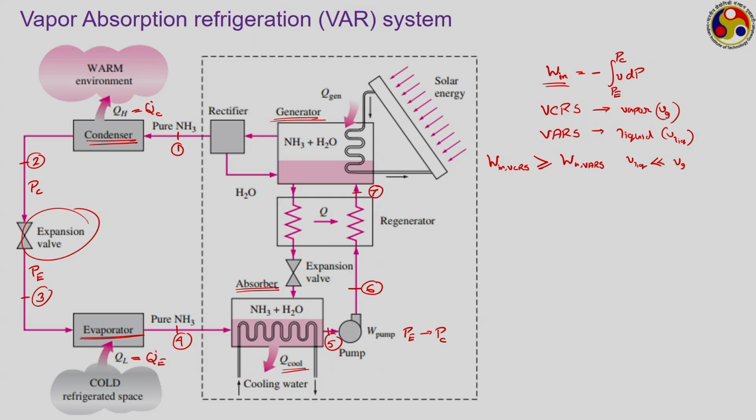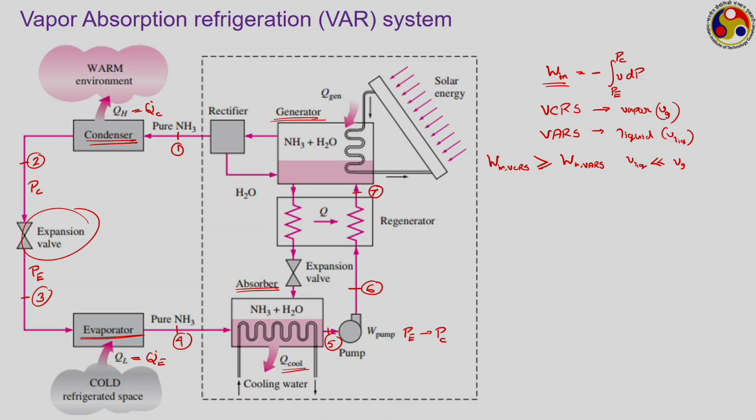So, we do not need to go to very high temperature. We need some source of energy which is able to raise the temperature of this aqueous solution of ammonia to that level. Generally any waste energy source, or maybe solar energy, or sometimes geothermal energy, or maybe the exhaust gas coming out of some automobile vehicles, has sufficient energy to raise to this temperature.